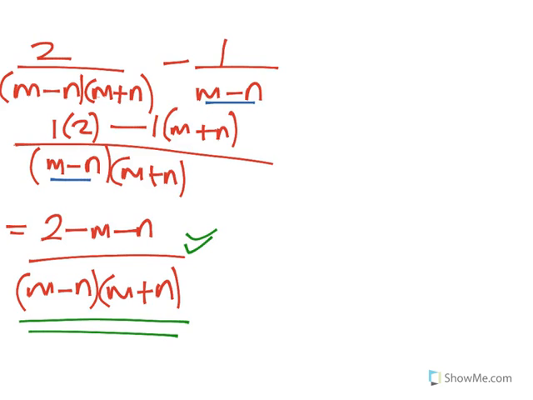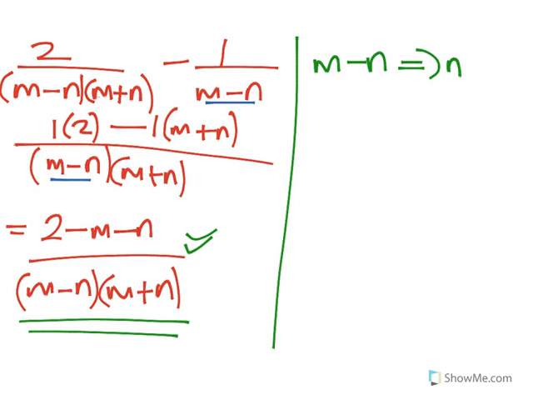Now, as I said, to remind you what happened, if you are given m minus n and you want to change it to become n minus m, this is what you do. If you want to change it to become this, so m minus n is equal to, you take out the negative, it will become minus m plus n, which becomes negative.